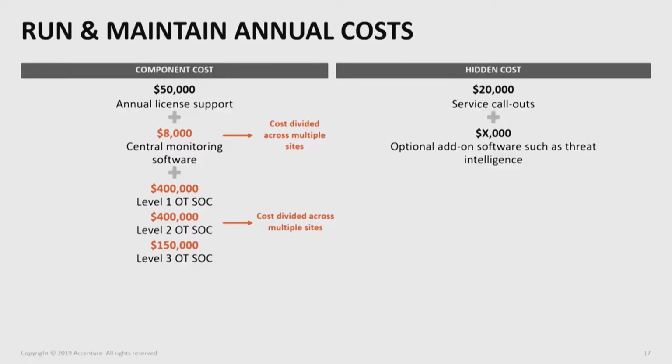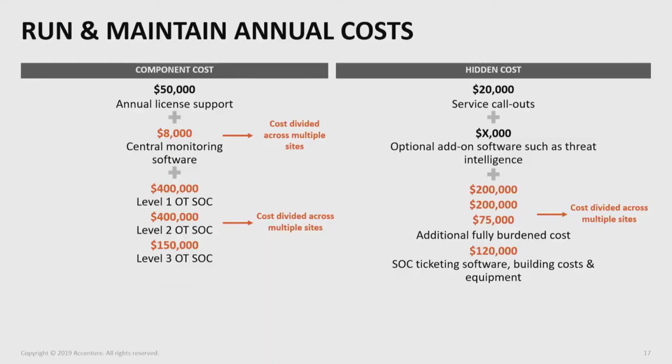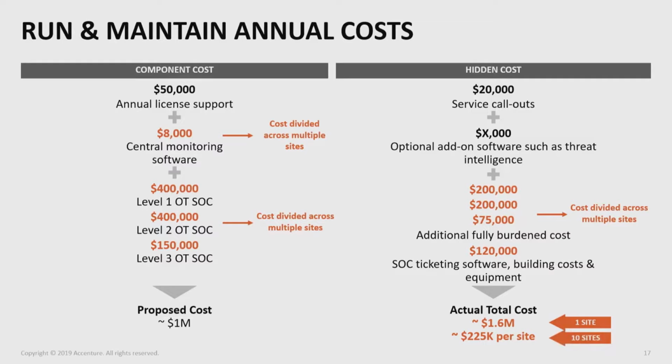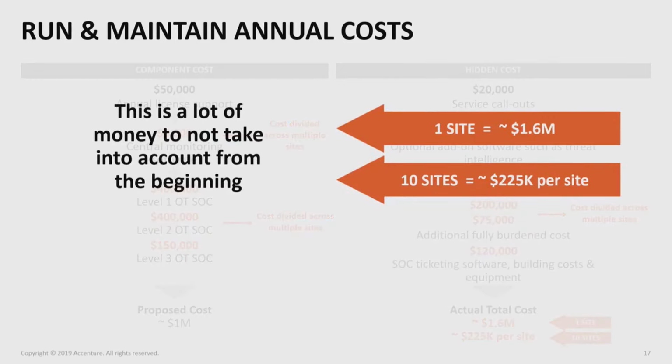Usually that's about half of their wage added on, so I'm adding that on in hidden costs here. Also, we'll add another $120,000 approximately for your SOC ticketing software annual fees, the building costs, and then your SOC's equipment costs. So what looks like around a $1 million run and maintain annual fee is more like $1.6 million if you're a one-site company, or if you have 10 sites, $225,000 per site.